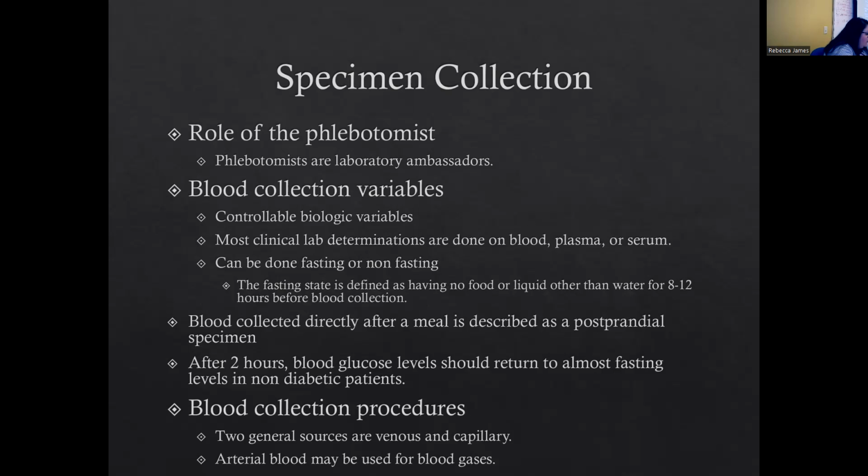Food intake, medication, activity, and time of day can also influence lab results for blood specimens. It is critically important to control pre-analytical variables such as timed drawing of specimens, peak and trough drug levels, and post-medication conditions. We're going to talk about peak and trough drug levels when we get to chemistry.